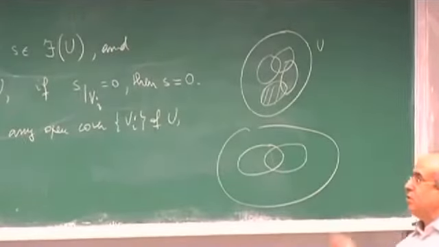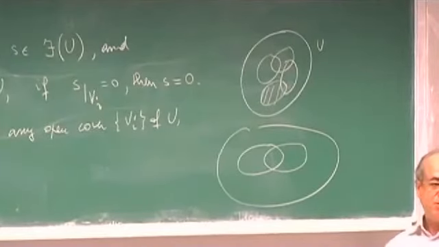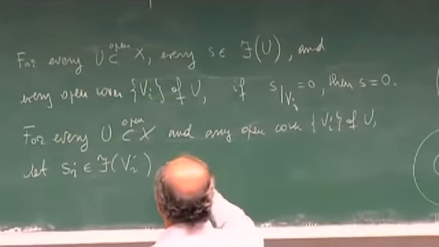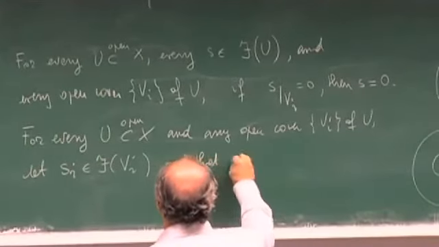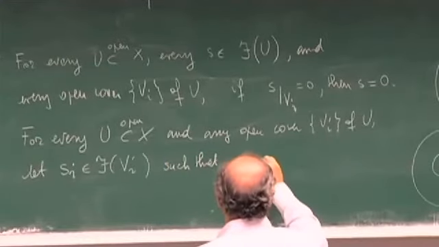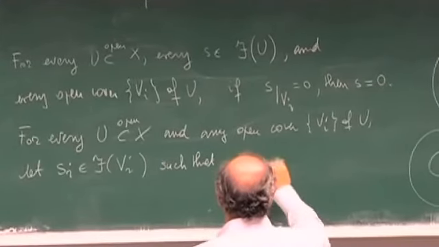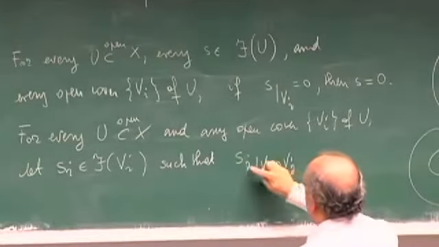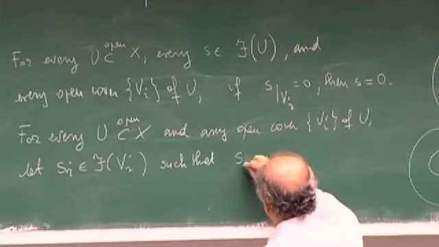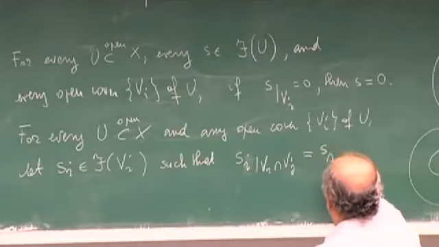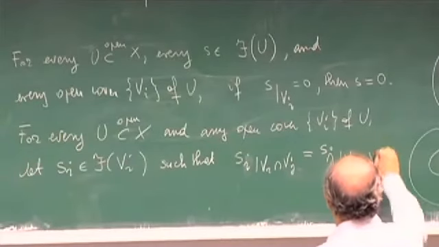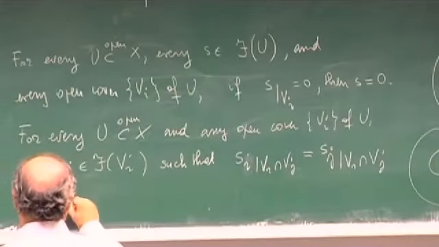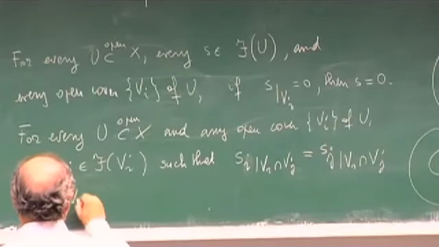But then we assume that on the possible overlaps, these sections coincide, such that Si restricted to the intersection Vi intersected with Vj equals Sj restricted to this, provided, of course, that the intersection is not empty.